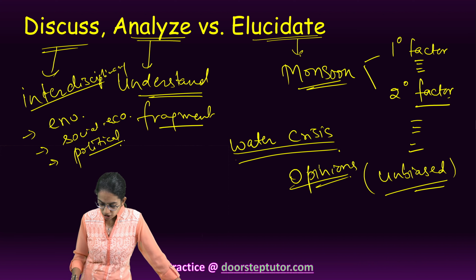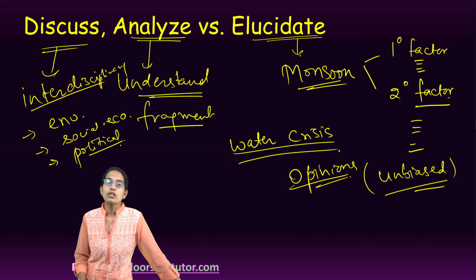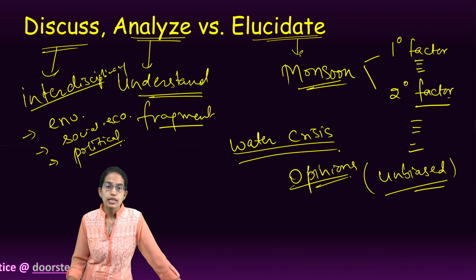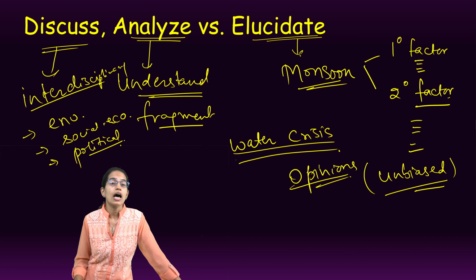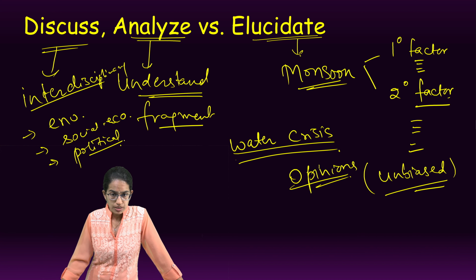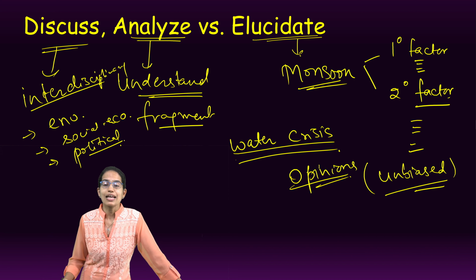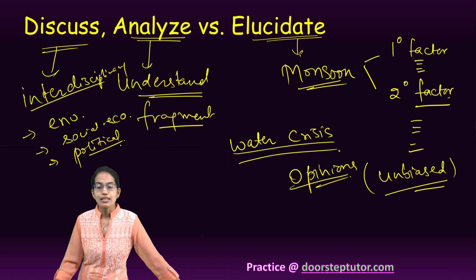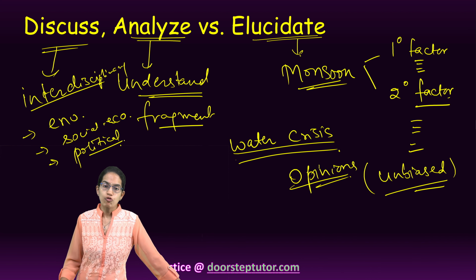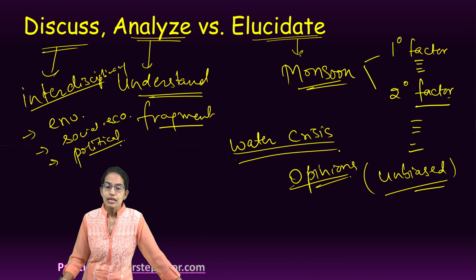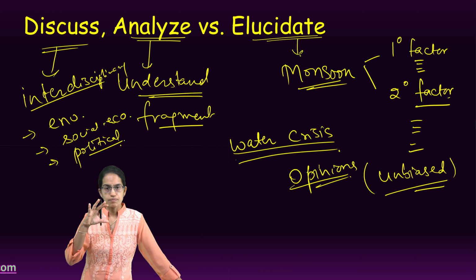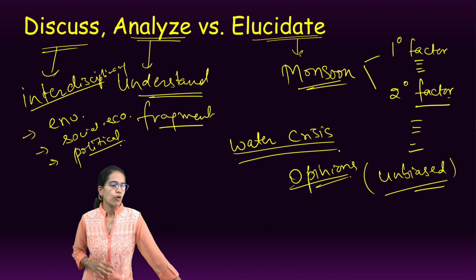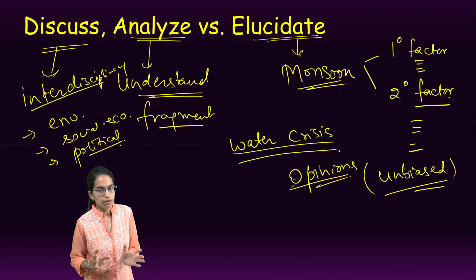So if we talk about Pravasi Bharatiya Divas, we talk about the PIOs, the OCIs, then we must explain what the economic implications are and how international relations are being affected, what are the ways through which they can actually contribute to India's growth, and how India as a nation can actually benefit from those residing in other nations who are part of India's nationality. So those are some of the important ways in which we frame the answers.